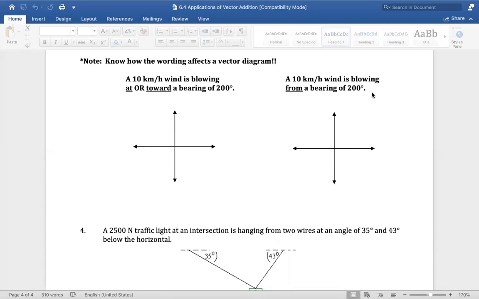So first, let's draw our vector. If all it says is 200 degrees, then that must be a true bearing, right? So starting with north here, let me just draw a vector.